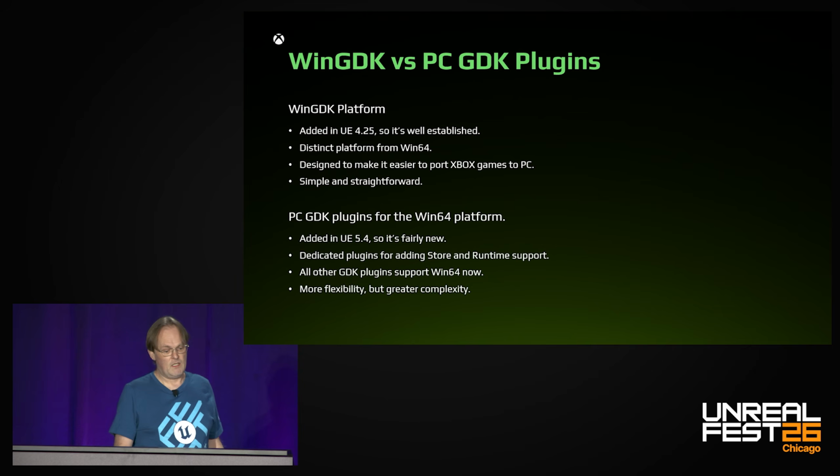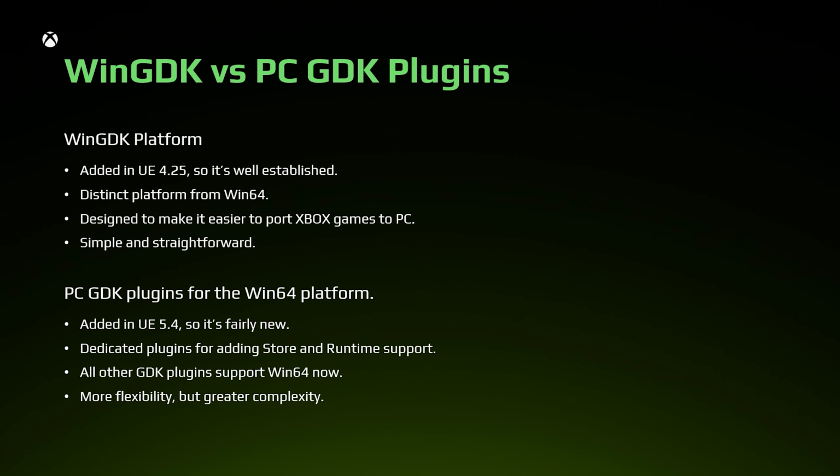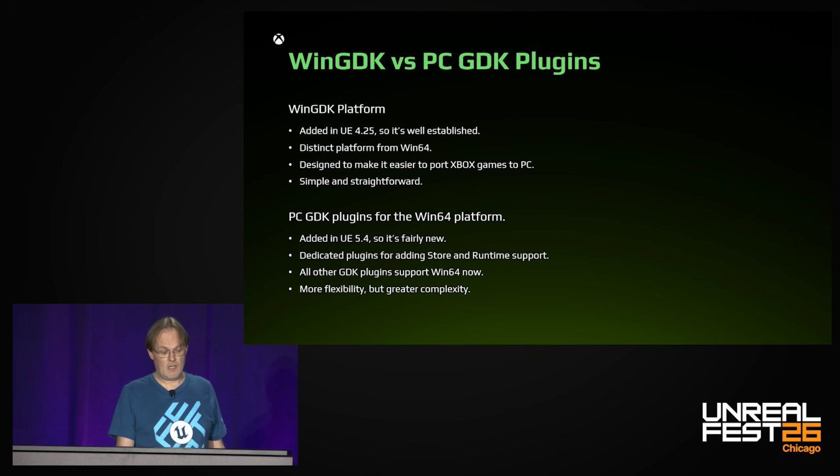Before we started, it was necessary to evaluate whether we should use Win GDK or the PC GDK plugins. As Zach said, Win GDK was added back in 4.25 and is well established. It's a distinct platform from Win64, so it needs a separate cook process. It was originally designed to make it easier to port Xbox games to PC. It's simple and straightforward, but has a few little issues that have been discovered along the way.